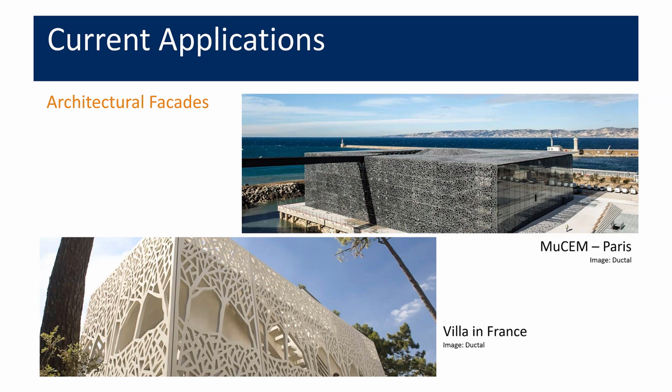The first of these applications, which is probably more common, is in architectural facades. UHPC is used in facades for a few different reasons. The first is that, as we've talked about before, the high strength of the material means that you don't need to have as much material to support the same loads as conventional concrete might be required to support.